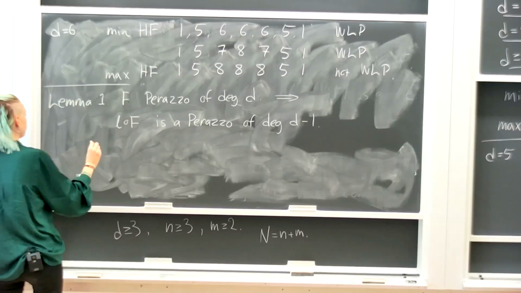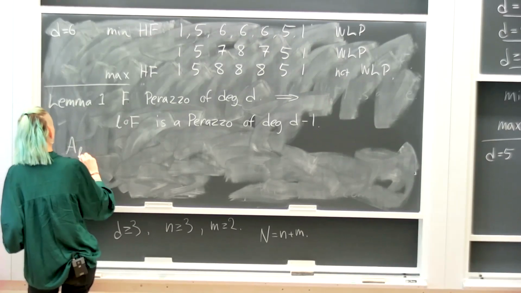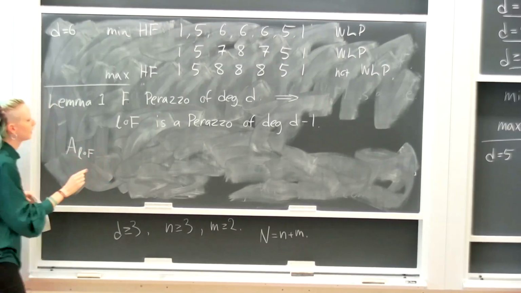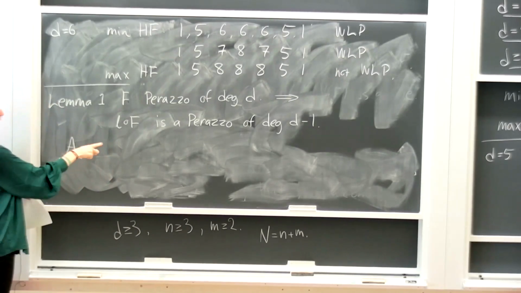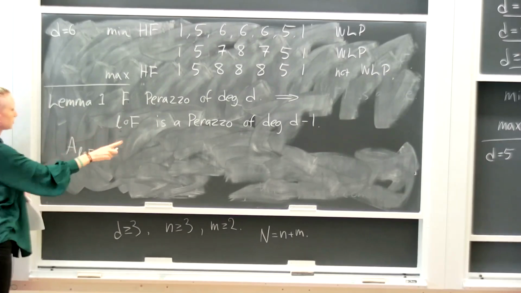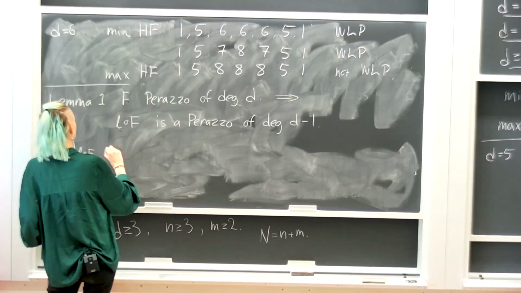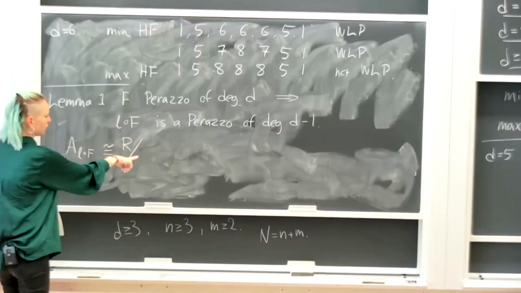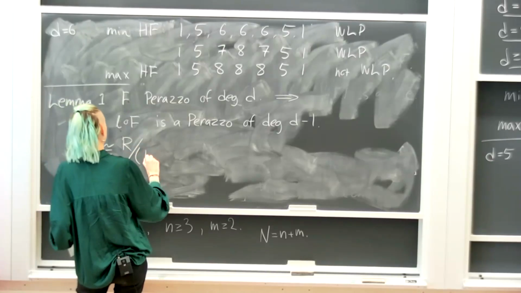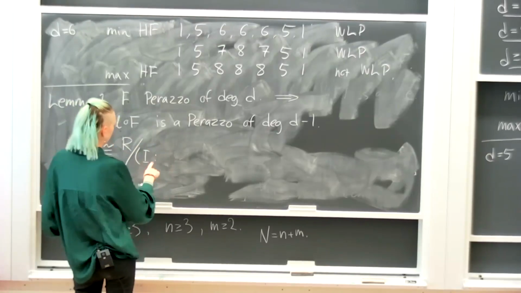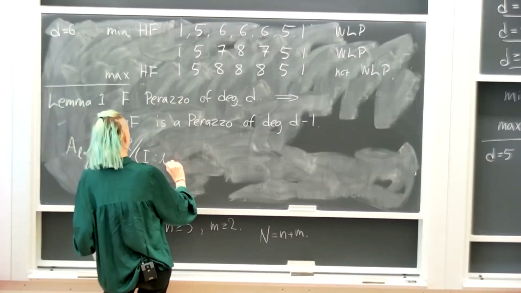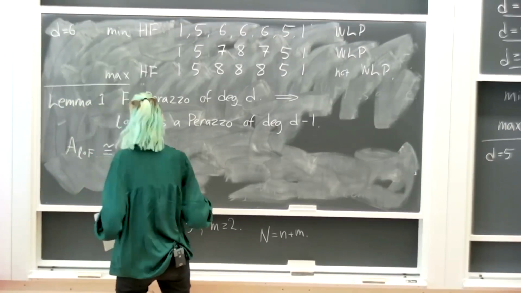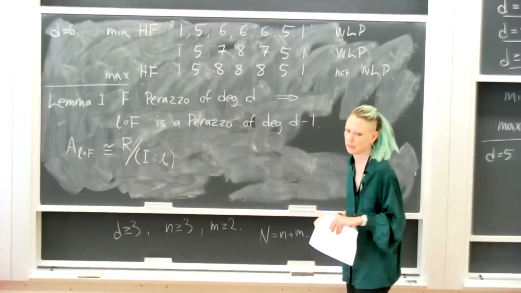And moreover, the Artinian-Gorenstein algebra associated to this new Perazzo polynomial is isomorphic to this algebra: the polynomial ring quotient by the ideal I colon L, where I is the annihilator ideal of F.